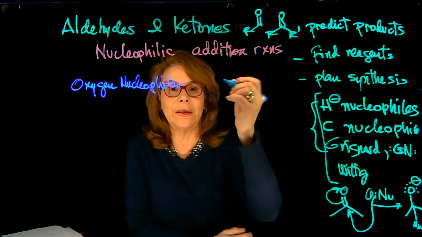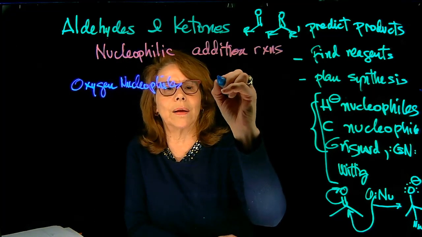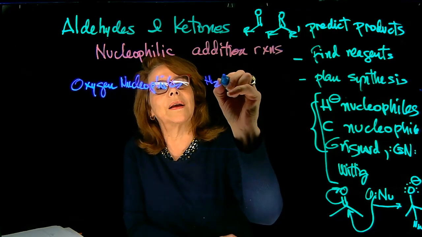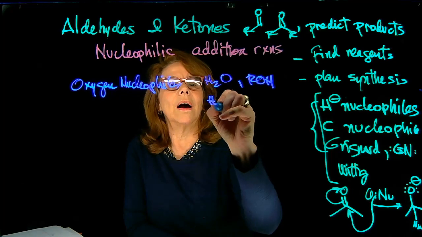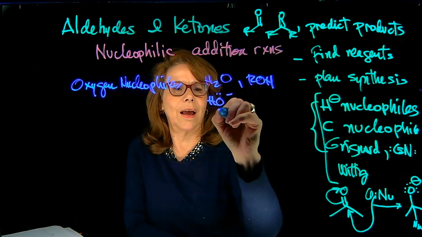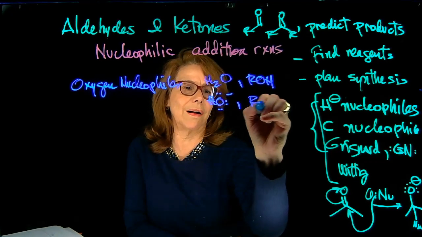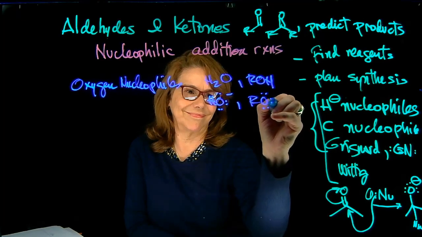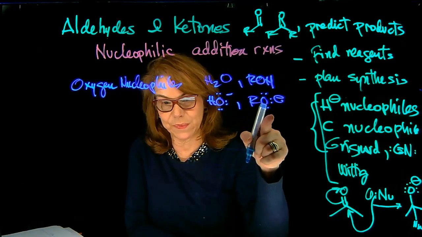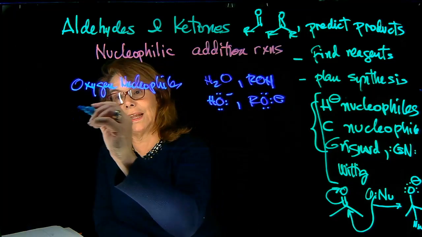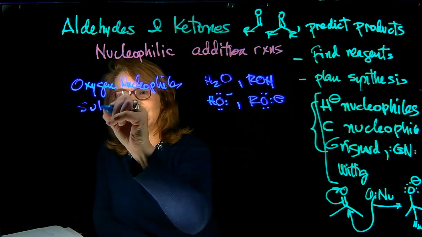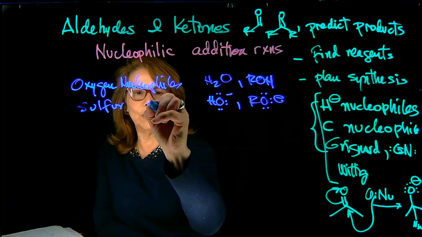In this category we can have water, we can have alcohols, but we can also have OH and alkoxides. And these two are stronger bases, strong nucleophiles. Other nucleophiles that we will study later are sulfur nucleophiles.